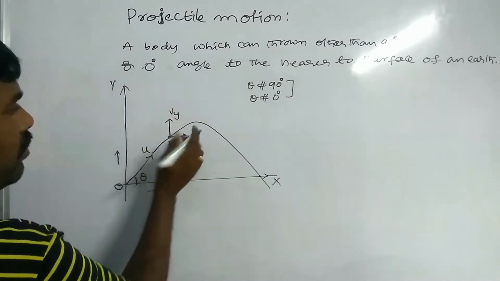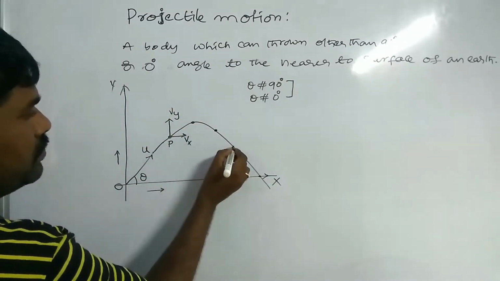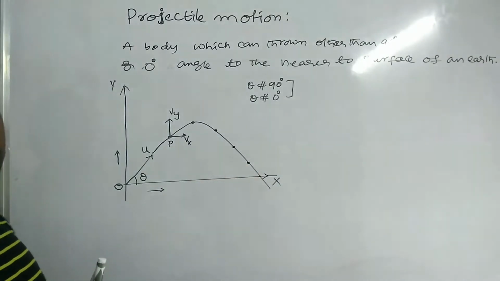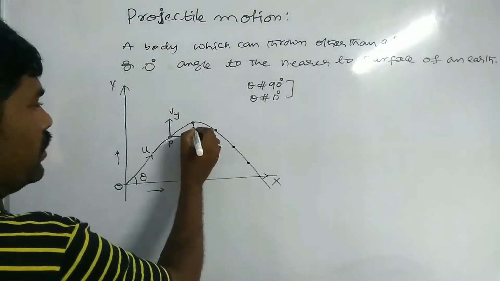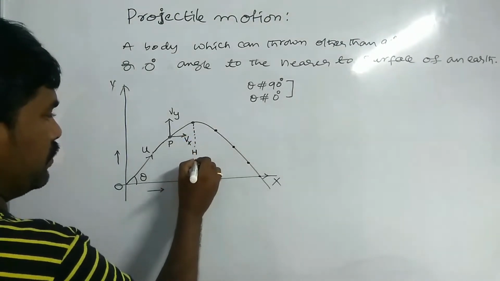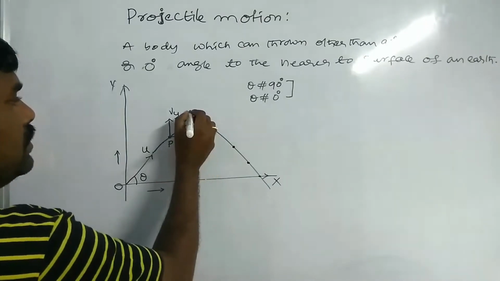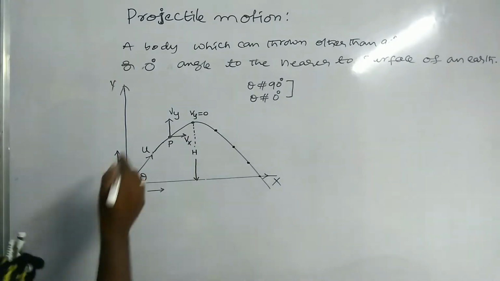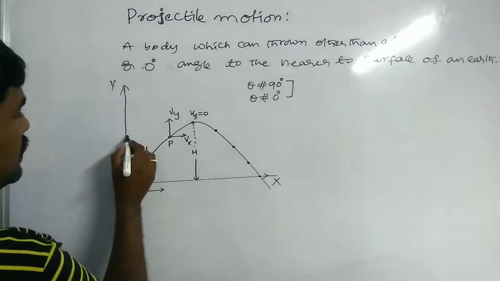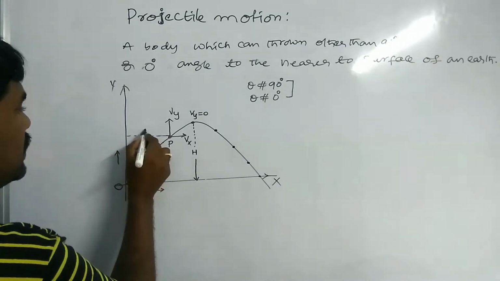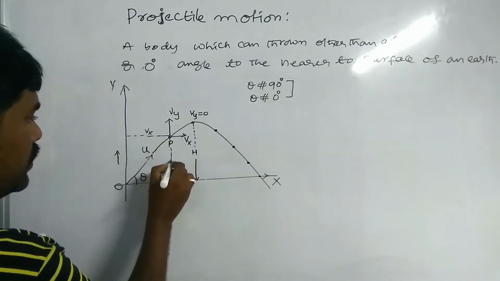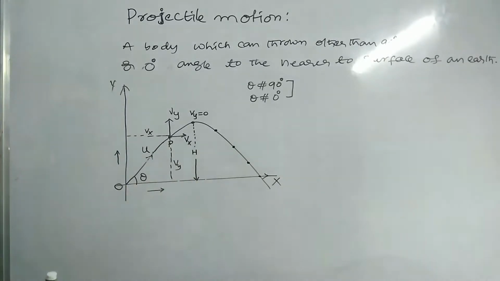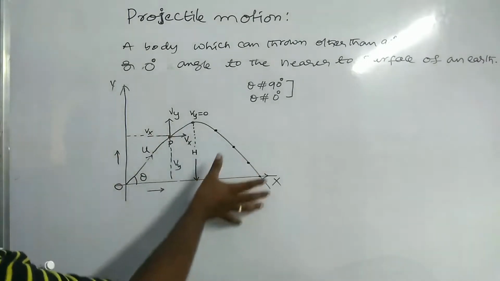At this point, known as the maximum height point, the velocity of the object along the y-axis is equal to 0. And here the distance of the object along the x-axis and the distance along the y-axis are measured from the origin. So this is the motion of an object.